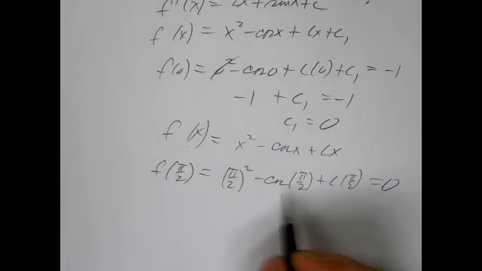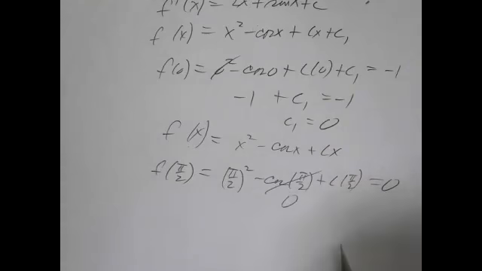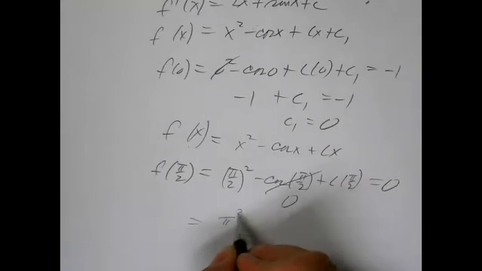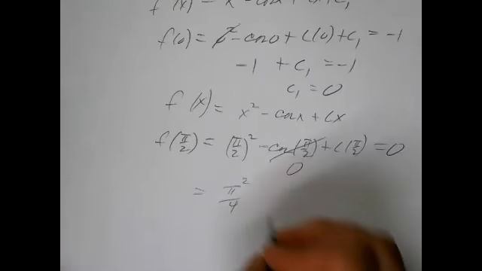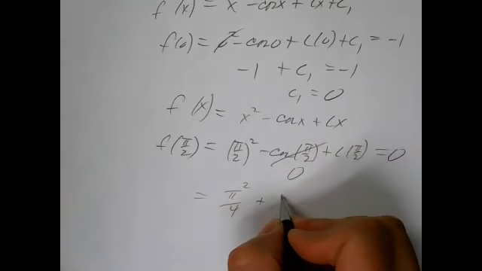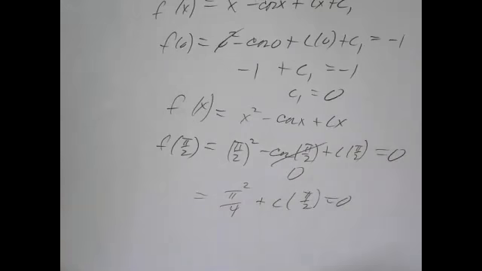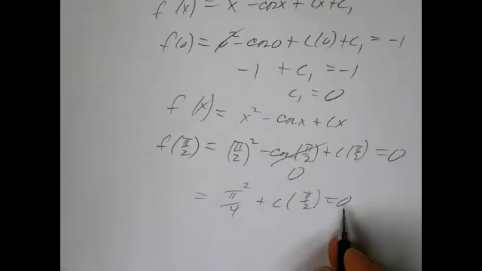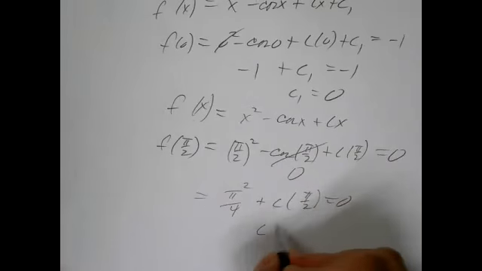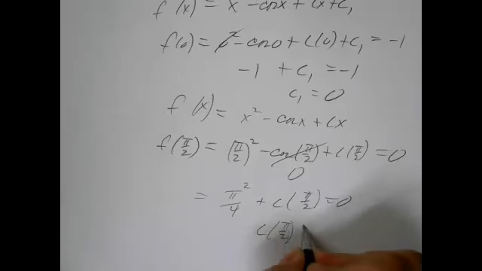Well, cosine of pi over 2 is 0, so that zeroes out. This is pi squared over 4 plus a constant times pi over 2 equaling 0. Moving the pi squared over 4 to the other side, the constant times pi over 2 equals negative pi squared over 4.